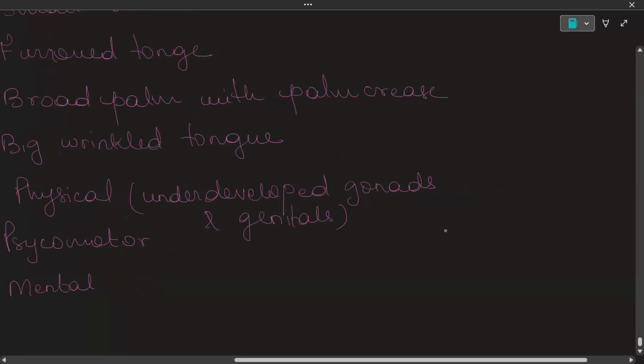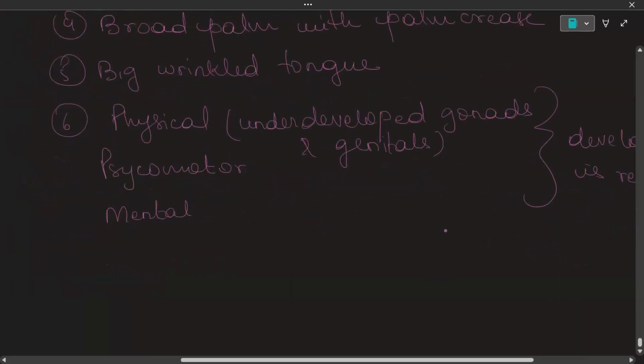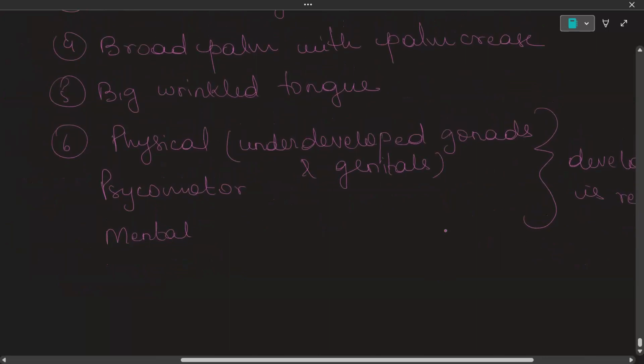Physical, psychomotor, and mental development is retarded in this case. So these are the characteristics of Down syndrome. It occurs due to the trisomy of chromosome number 21. The chromosome number is very important to remember. Any doubts?